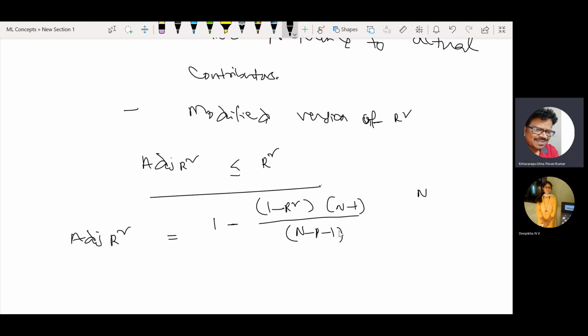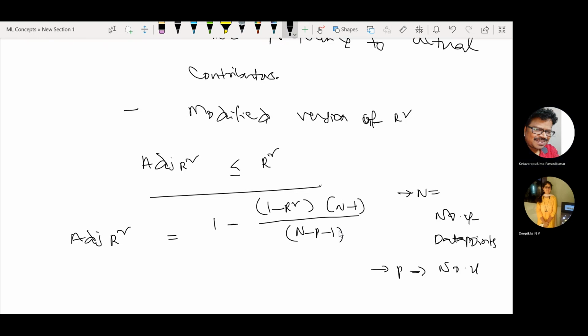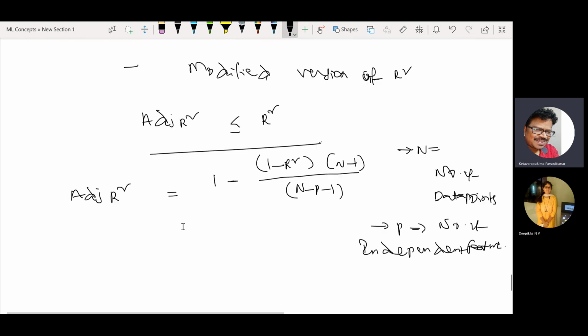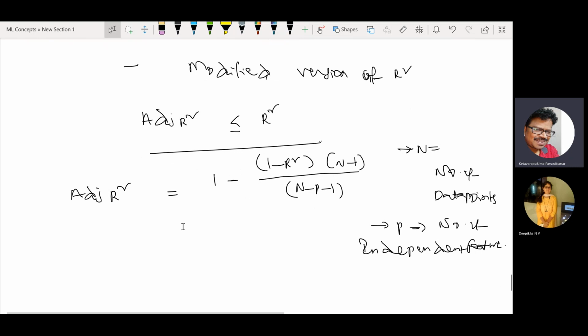Don't worry, guys. Here n is the number of data points, and p is the number of independent features, that is, the x values. Based on that convention, you can find out the adjusted R square.